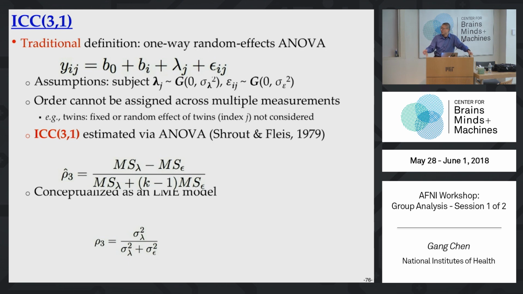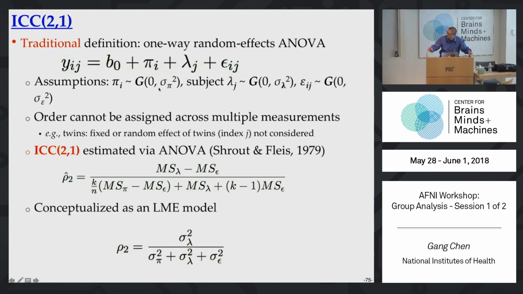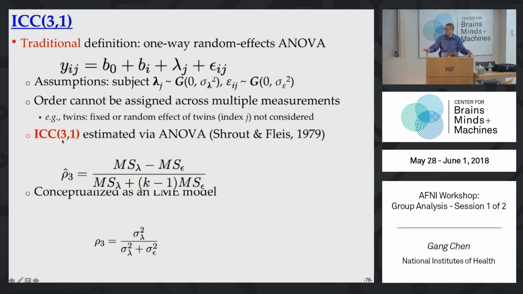In this case, we can also calculate the intra-class correlation. The formula is slightly different. Unlike the previous case, at the bottom, the denominator will have 3 variances. But for the ICC3, we only have 2 because the session effect is a fixed effect.